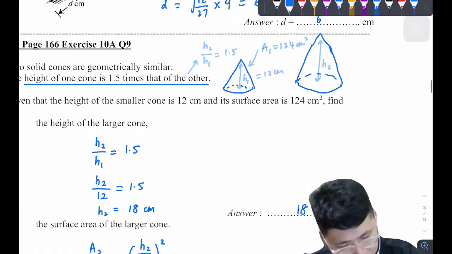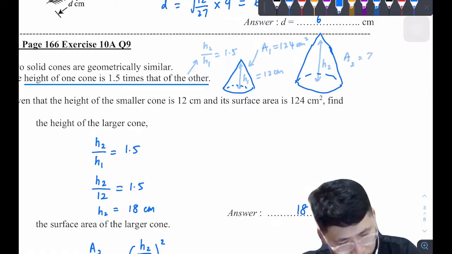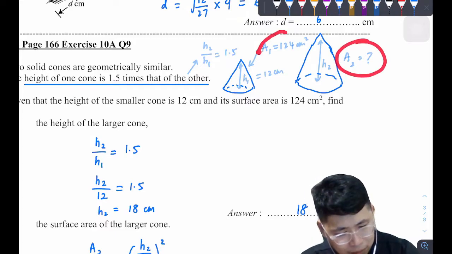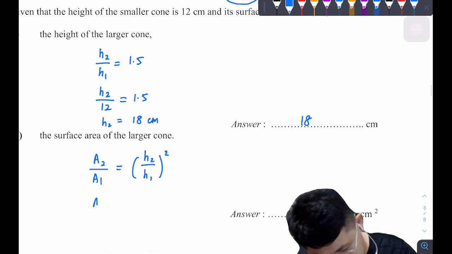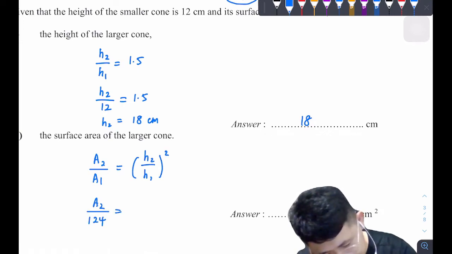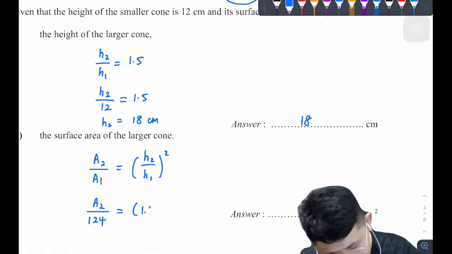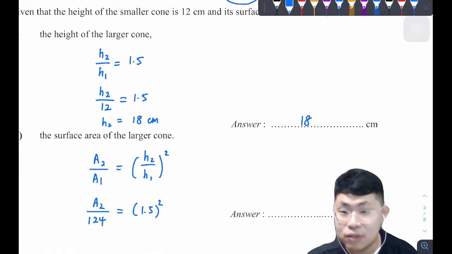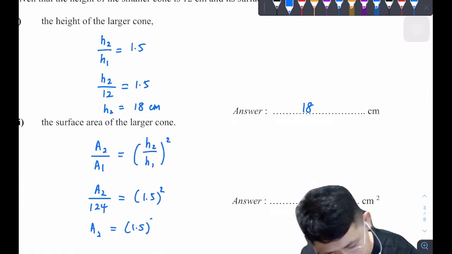A2 is the one that we don't know, but we have information from A1, which is 124. So A2 over 124 equals the ratio h2 over h1, which is 1.5. So I'm just going to put in 1.5 square. So A2 is going to equal 1.5 square times 124.